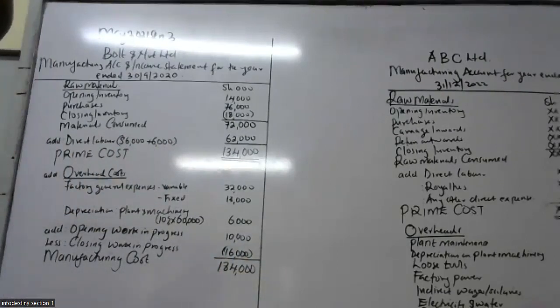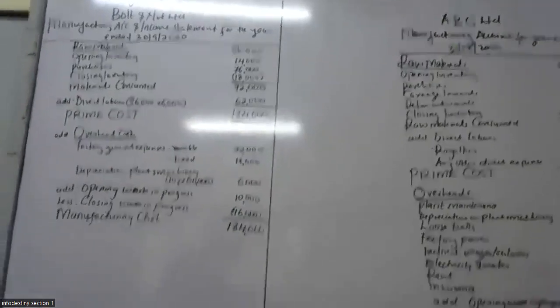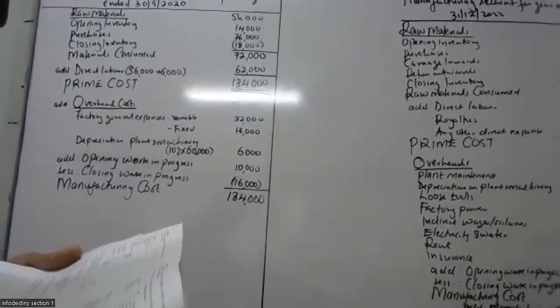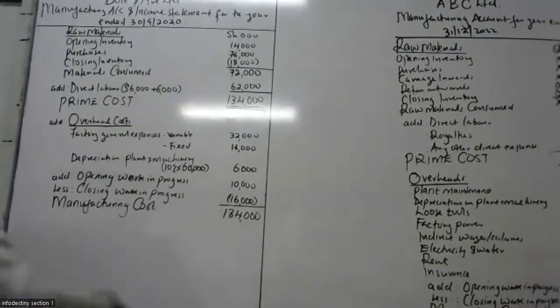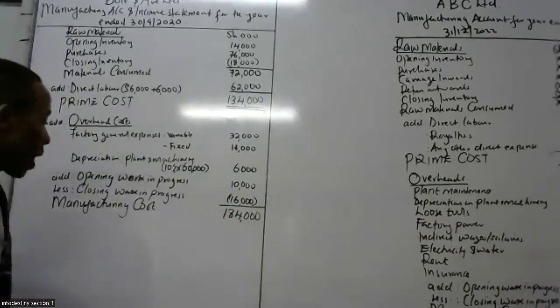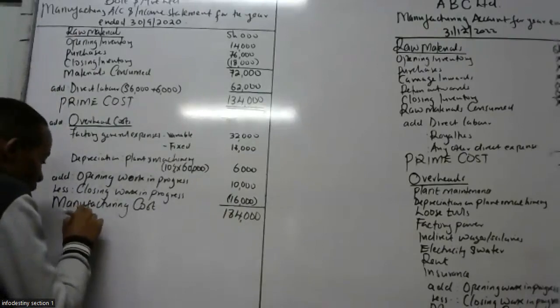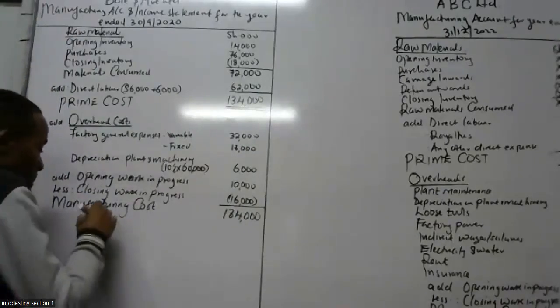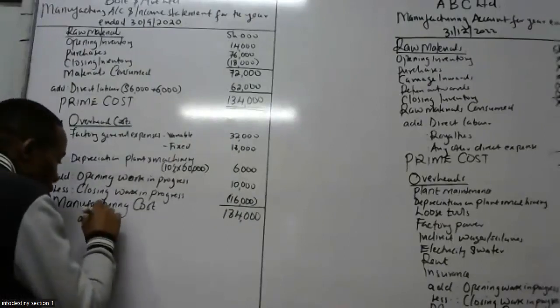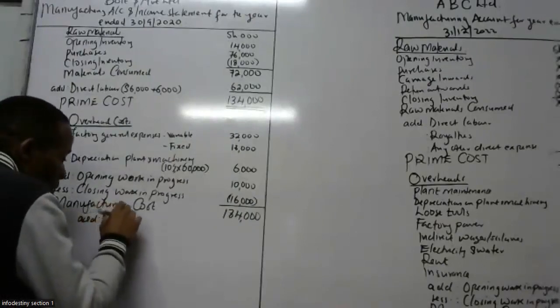Then additional information 2, we have been told that the finished goods are transferred to the warehouse at cost plus markup. So this was the manufacturing cost of the finished goods, okay? So we are told that they are transferred at a markup. So we add the manufacturing profit, which is at a markup of 25%. Markup is the profit on cost.